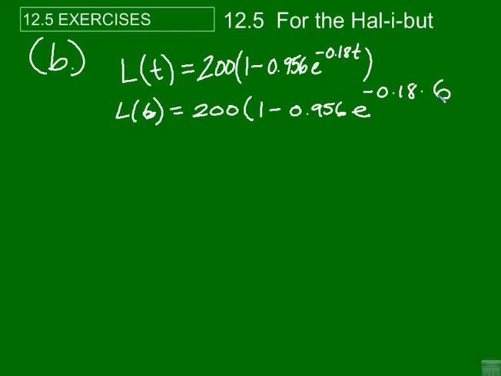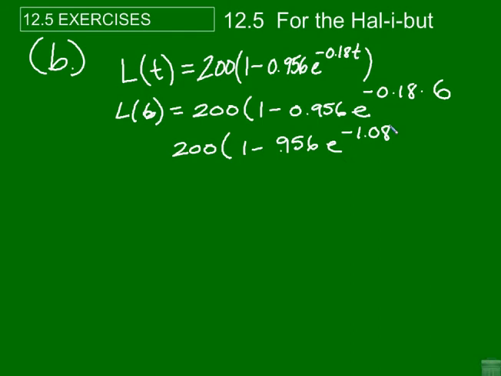All right, so if I go ahead and start plugging and chugging those numbers, I get 200 times 1 minus 0.956 times e to the 6 times negative 0.18, which is negative 1.08.